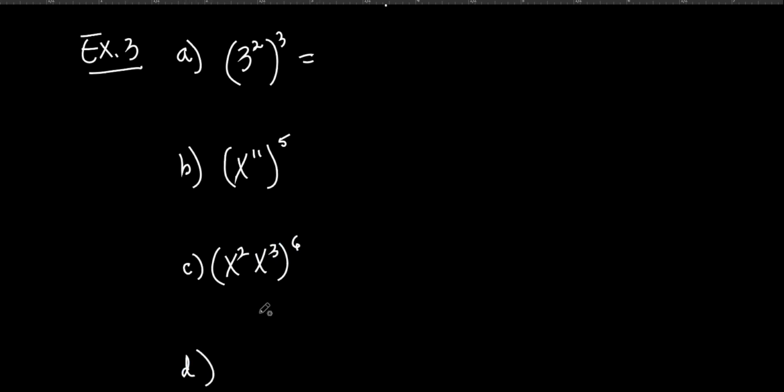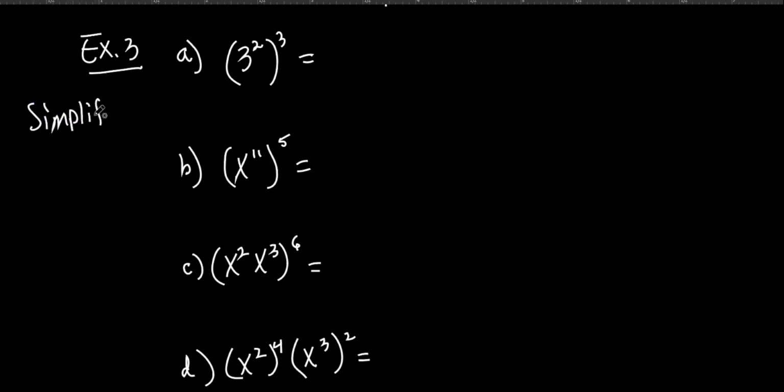And then D is x squared to the 4th, x cubed squared. All these say to simplify each expression. Just trying to come up with the simplified version of these things.